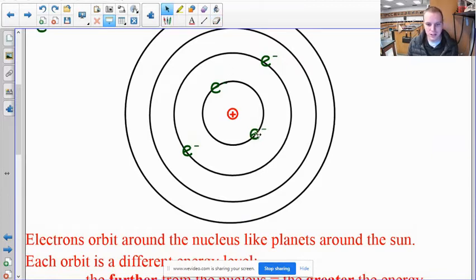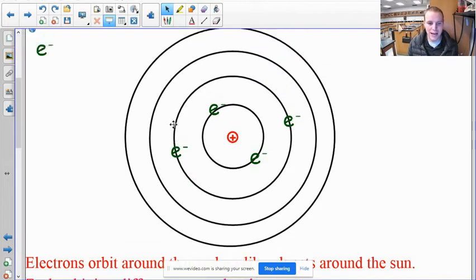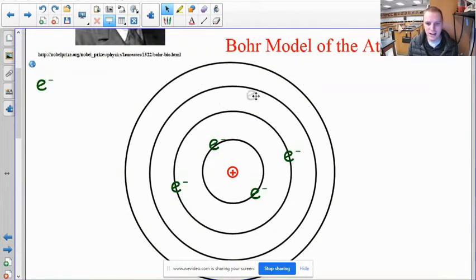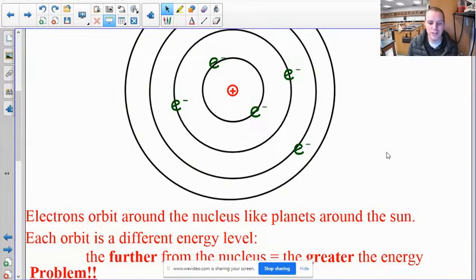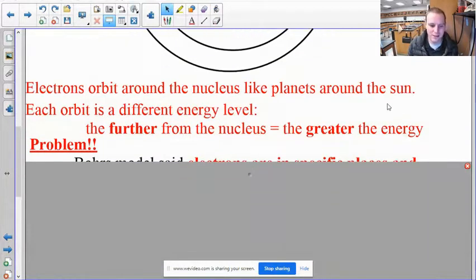So these electrons here, like this electron and this electron, were the lowest energy electrons. And then this electron right here and this one were higher energy. And if you had a guy out here in this third ring, this would be the highest energy electron as it's orbiting in this third ring right here because it's farthest from the nucleus. So the farther you get from the nucleus, the higher energy the electron must have.